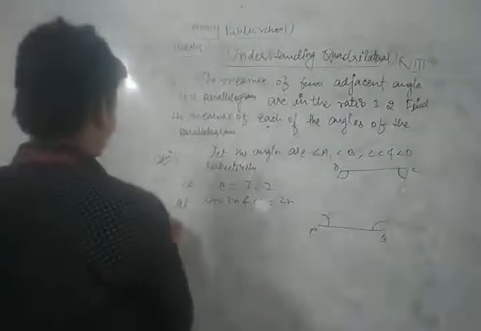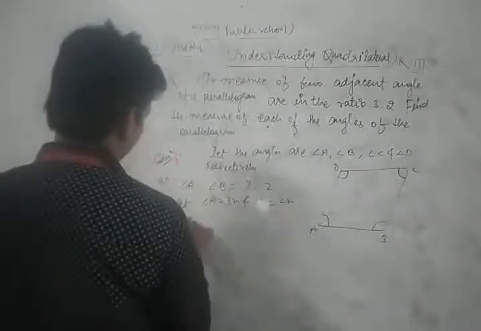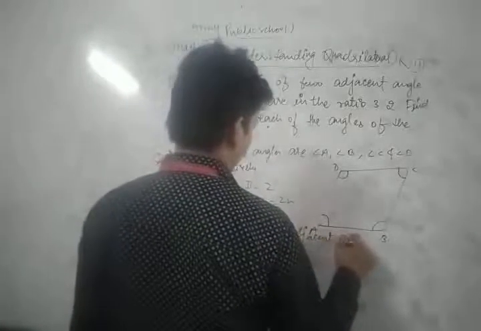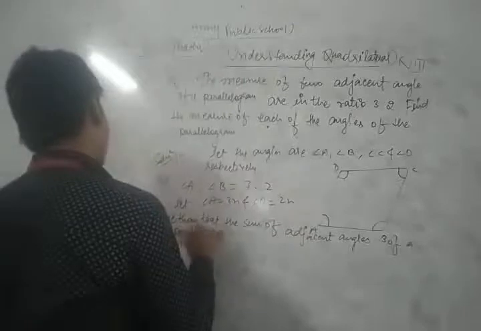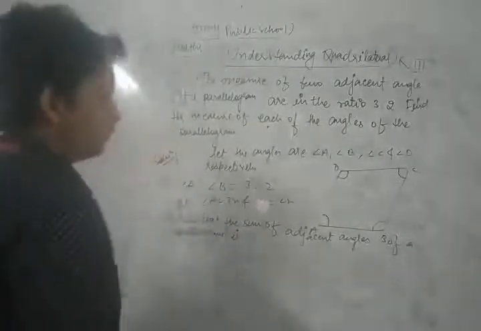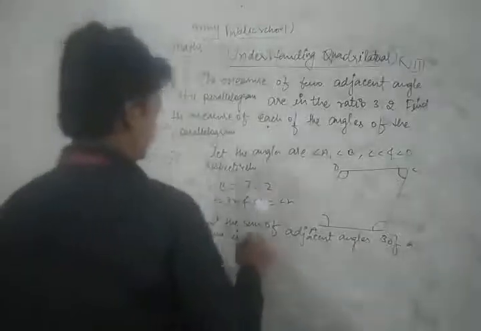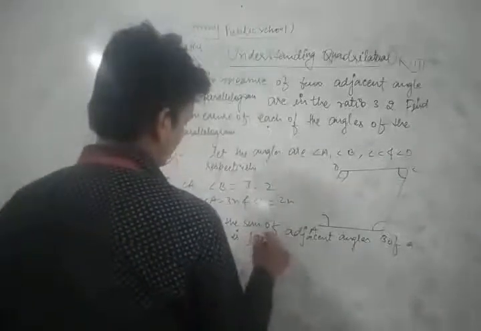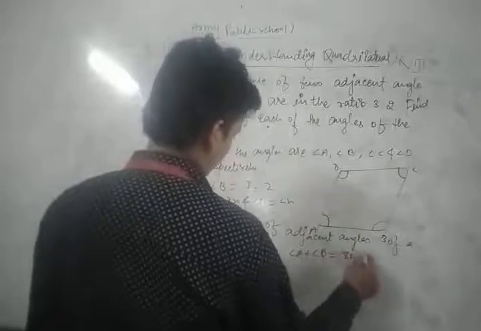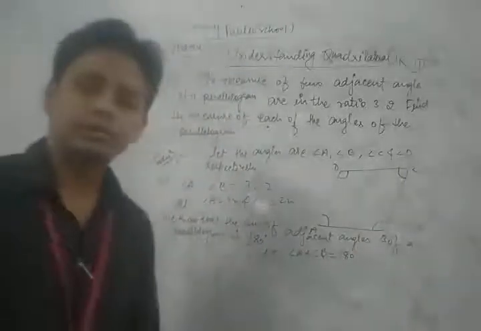Since we know that the sum of adjacent angles of a parallelogram is 180, that is, angle A plus angle B is equal to 180 degrees.